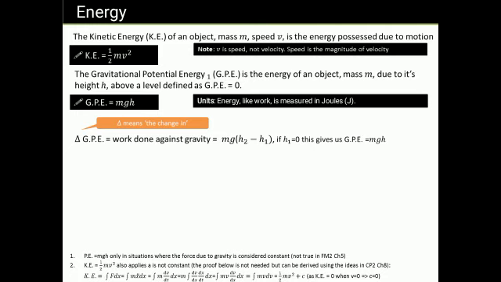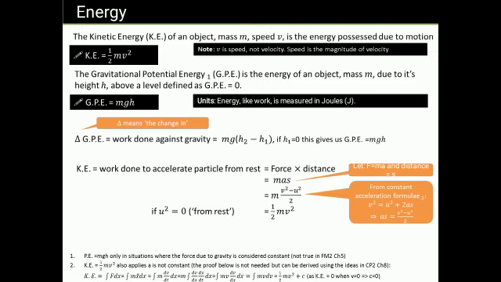Now compare the gravitational potential energy of two different positions: the work done against gravity is mg into h2 minus h1. If h1 equals 0, the gravitational potential energy is mgh. Now for kinetic energy, a particle accelerated from rest: force into distance equals mass times acceleration into distance.